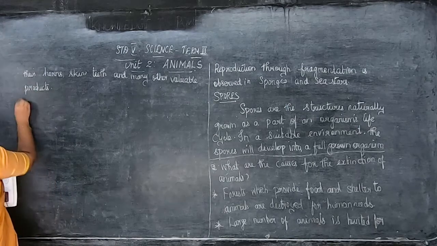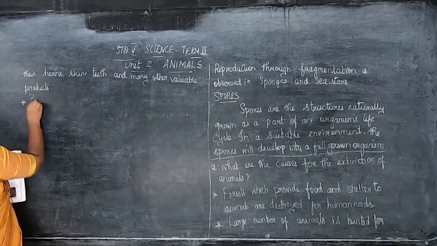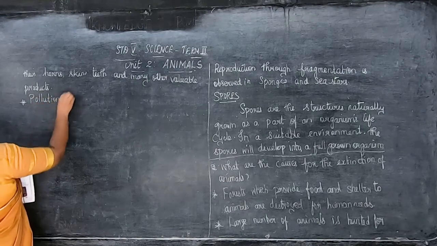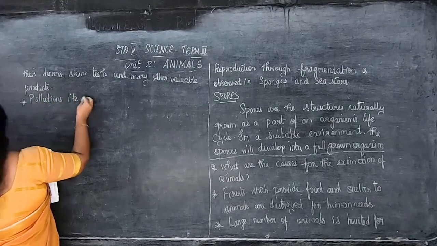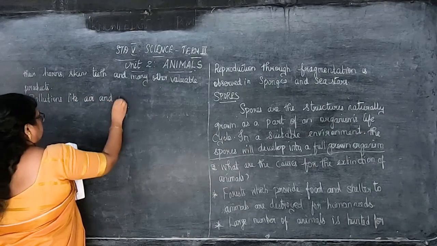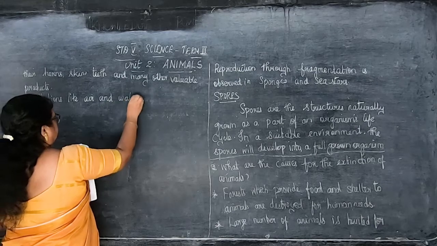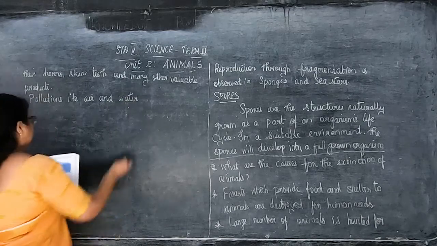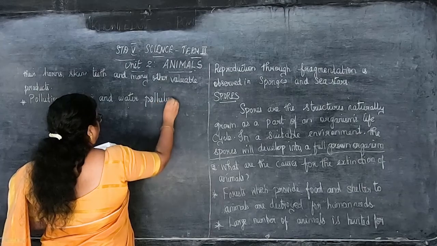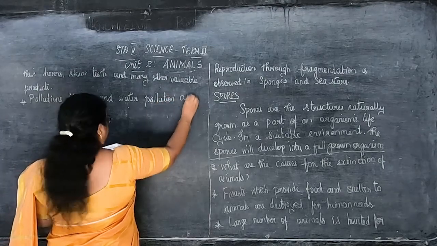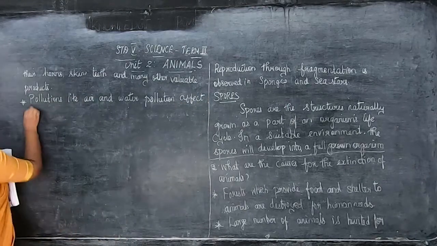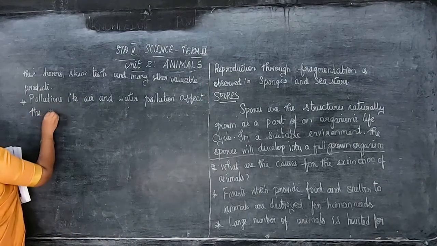Then third point, pollutions like air and water pollution affect the animals.